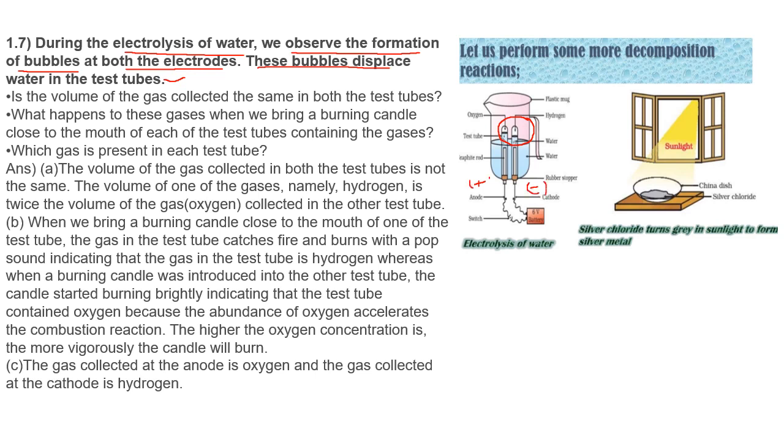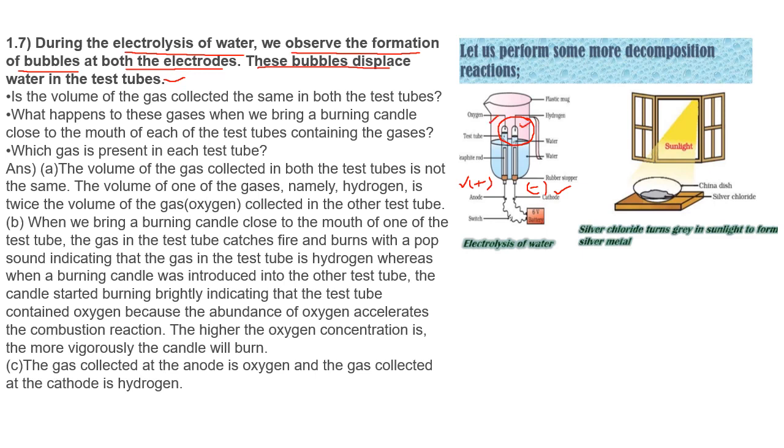We know that when water breaks, hydrogen will be collected at cathode, right? And oxygen will be collected at anode. Clear? And when you see the hydrogen which is collected at cathode, you will see there is a more amount of water displaced by a gas. That means here the hydrogen produced is more as compared to the oxygen, right?